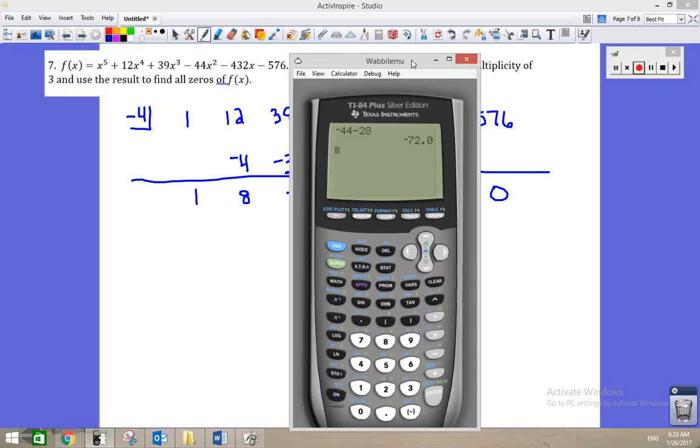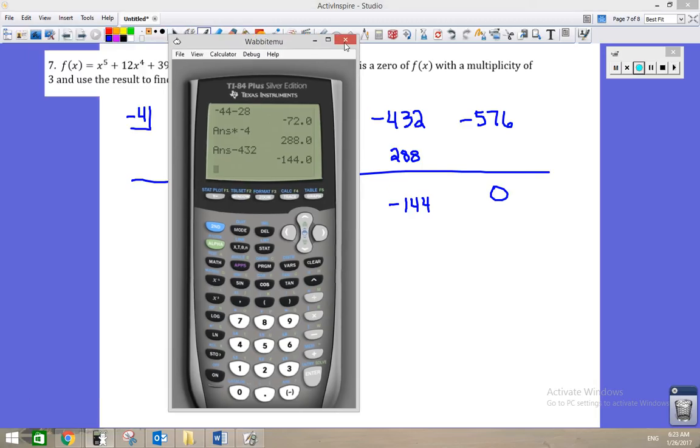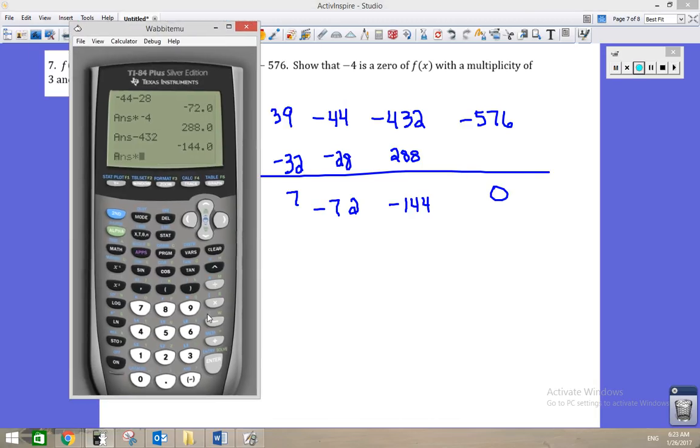Yeah, okay, and multiply it by negative 4. Subtract 432. Multiply it by negative 4. And I get 576, so I get a 0 there.